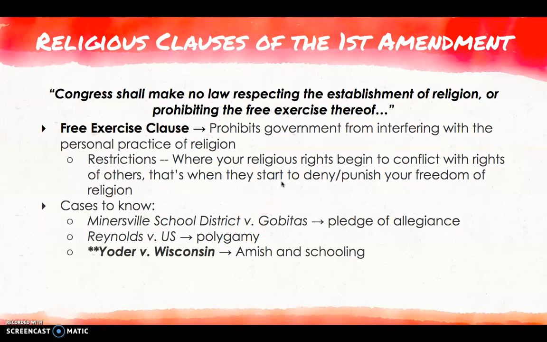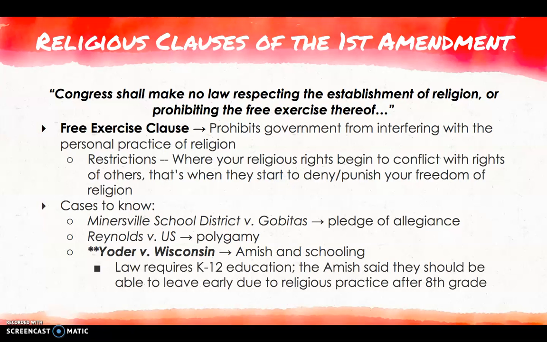And then we have Yoder versus Wisconsin, which is a required court case that you guys need to know, and this dealt with Amish and schooling. Now, typically, our law requires that students receive a K through 12 education. However, the Amish say that they should be able to leave early due to religious practice after 8th grade. That's when the young people of the Amish community leave school to go and work in the fields and develop their trade.